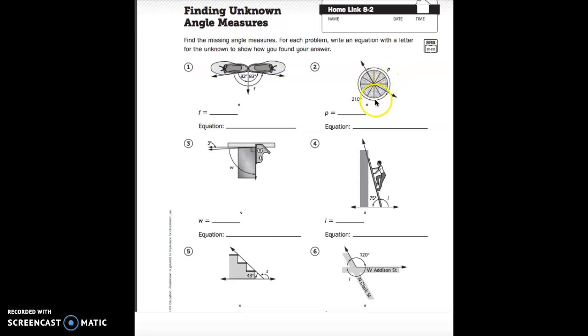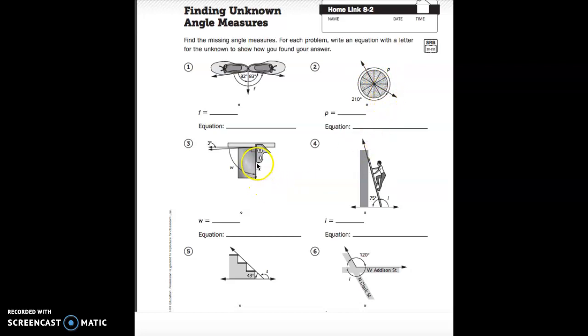If the whole angle is 360 degrees and this angle is 210 degrees, then what I say to myself is 360 minus 210 equals 150 degrees. The unknown angle measure here is 150 degrees.